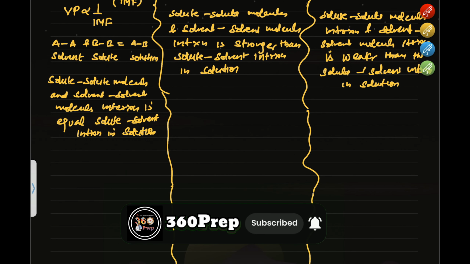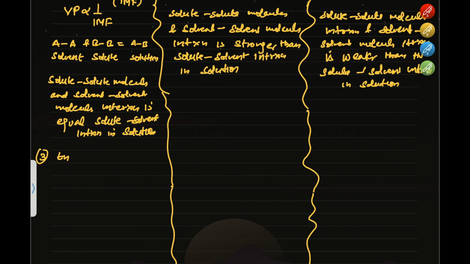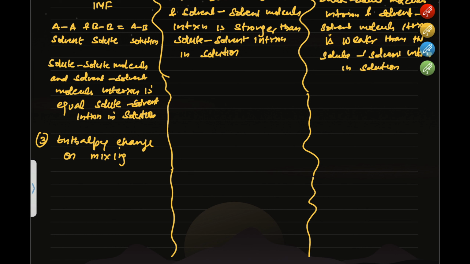the next point is enthalpy change on mixing. What would be the change in enthalpy when we mix the solute and the solvent? For ideal solution, there's neither heat absorbed nor heat released.